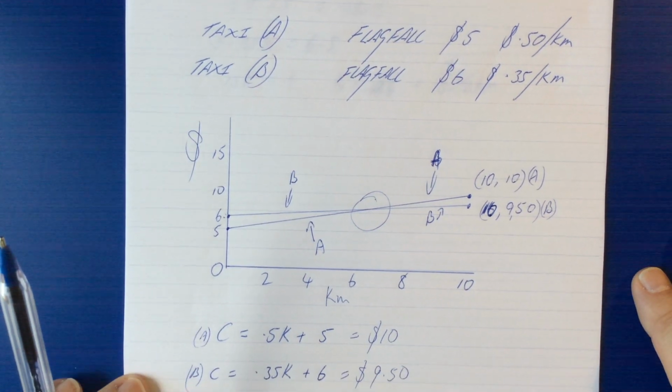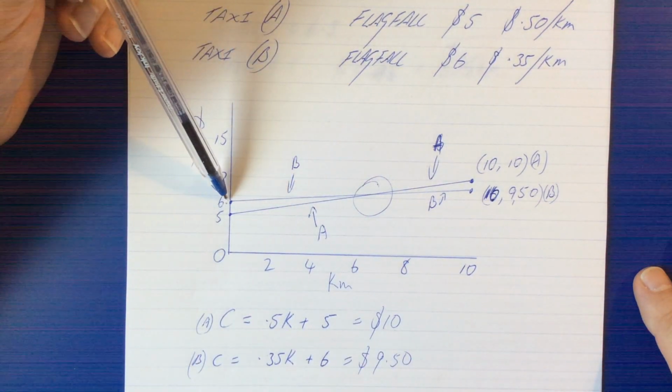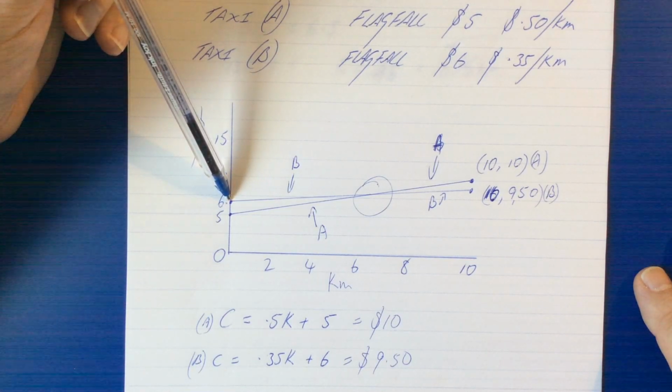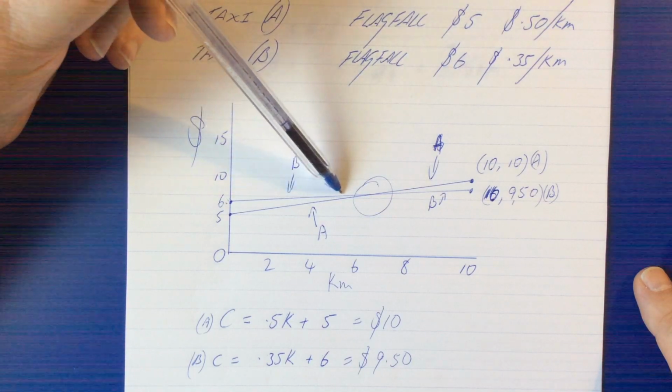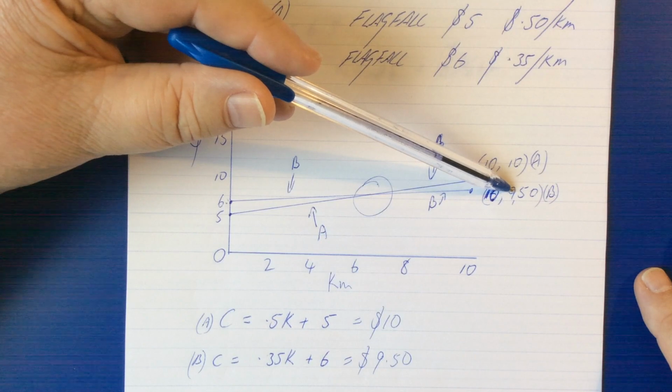Now, let's look at function B. We'll just get that into frame so you can see this. For function B, I get in the car, and it's $6 immediately. And away we go for a 10-kilometre ride, and at the end of that, I owe the taxi driver $9.50.